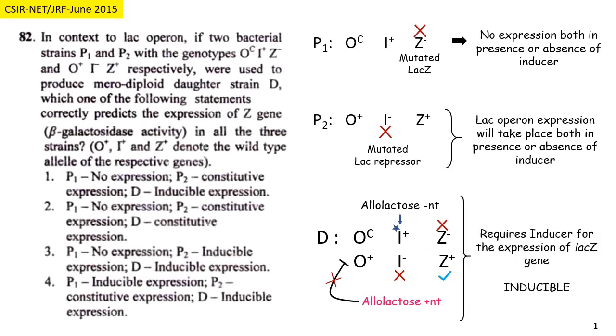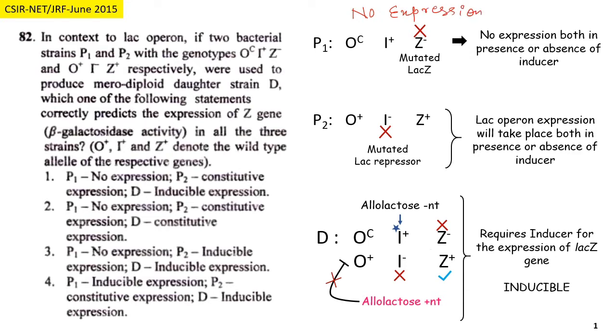So overall, if we conclude this, it is under inducible control. That is, for expression of this beta galactosidase gene in case of merodiploid strain, inducer molecule is required. So overall, in all these three conditions, we can conclude that this will show no expression. It won't express in any condition.